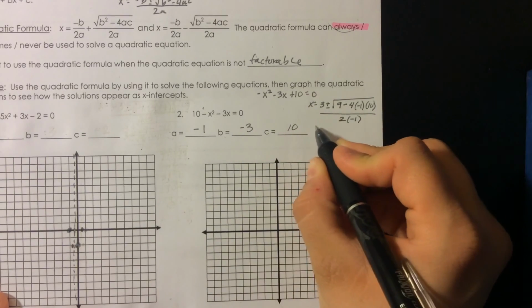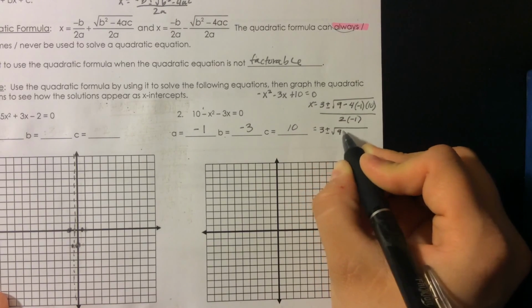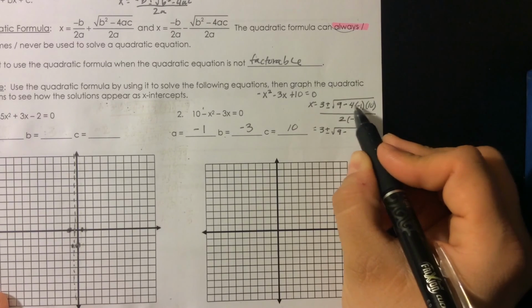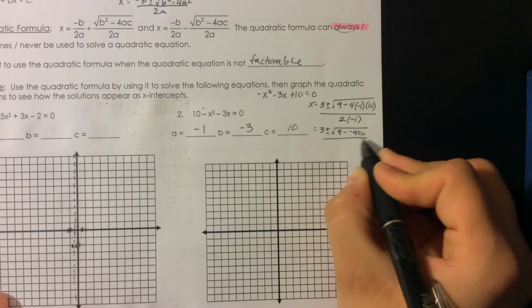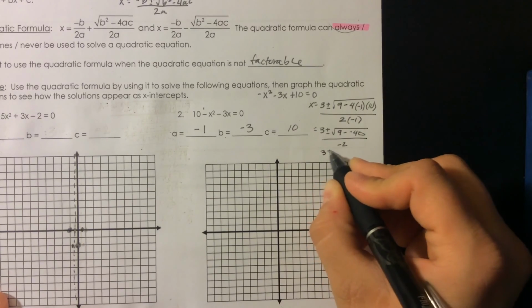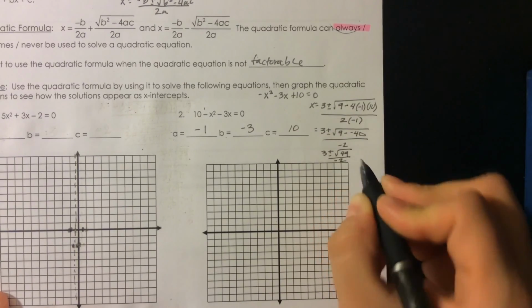Alright, so now it's a matter of simplifying. So 3 plus or minus the square root of 9 minus negative 1 times 10 is negative 10, times 4 is negative 40, all over negative 2. So I'll have 3 plus or minus the square root of 49 all over negative 2.